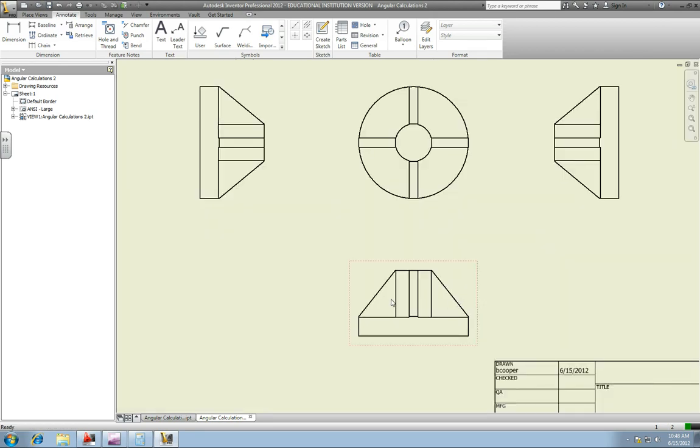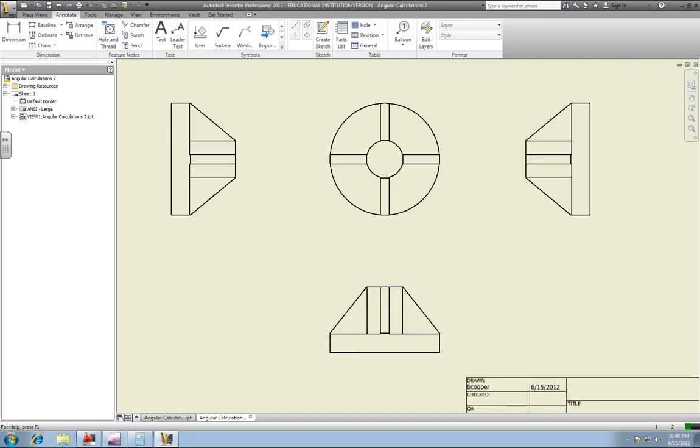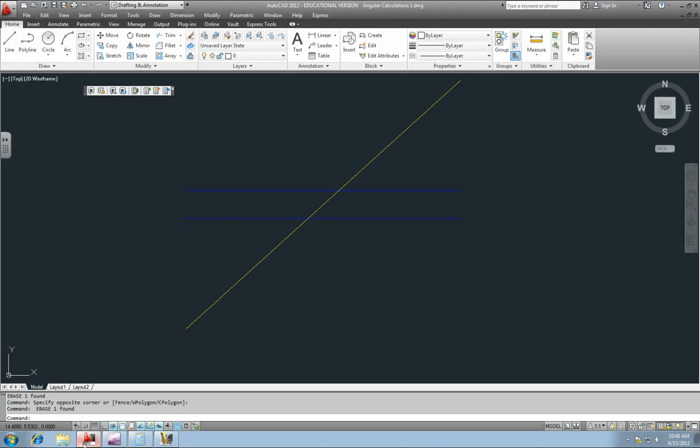Okay. So some of the dimensions that you'll be asked to find are actually just like the last thing I talked about in the Angular Calculations 1 video, which is a situation where you have two parallel lines and one line intersecting them. And remember, we dimensioned one of those as 42 degrees.